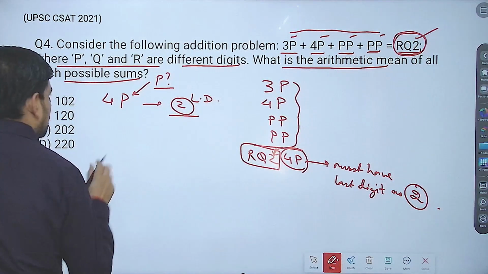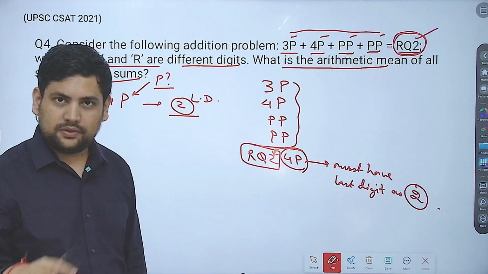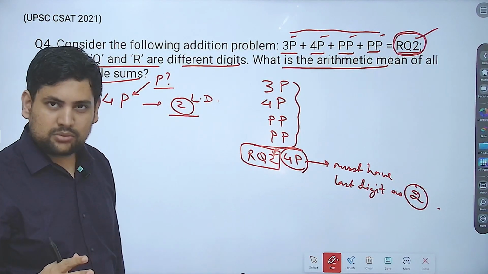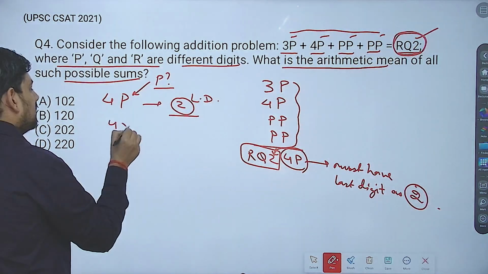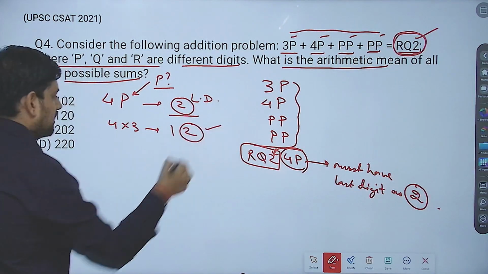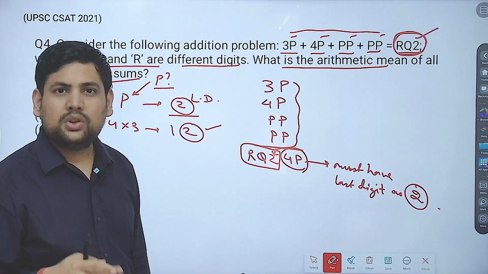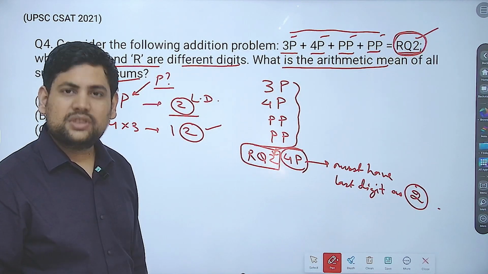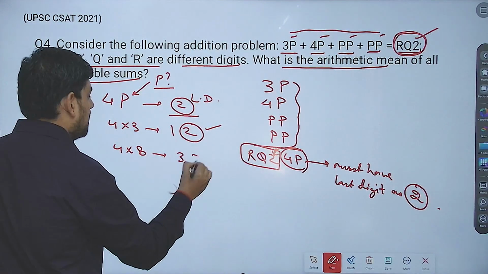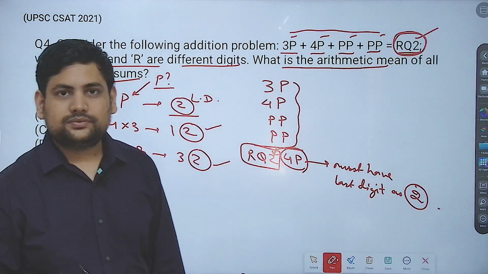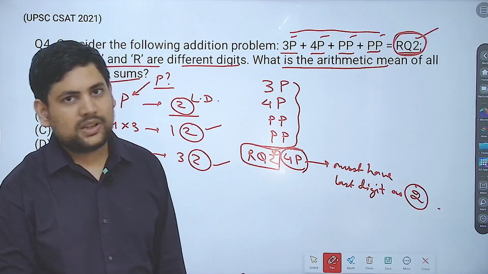Now, what are the possibilities? I need to get 2 as the last digit. 4 into 0 is 0. 4 into 1 is 4. 4 into 2 is 8, not possible. 4 into 3 gives 12, where 2 is the last digit, so this is fine. 4 into 4 is 16, reject. 4 into 5, 20, reject. 4 into 6, 24, reject. 4 into 7, 28, reject. 4 into 8 is 32, again 2 is the last digit, so this is correct. 4 into 9 is 36, reject.